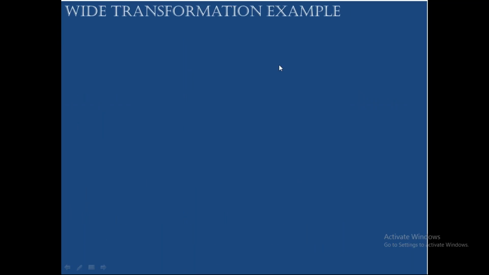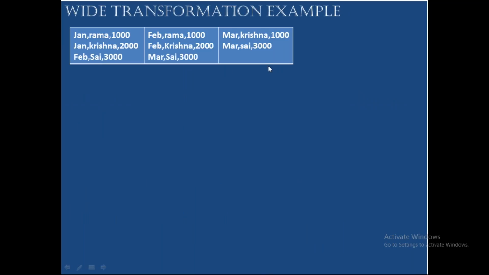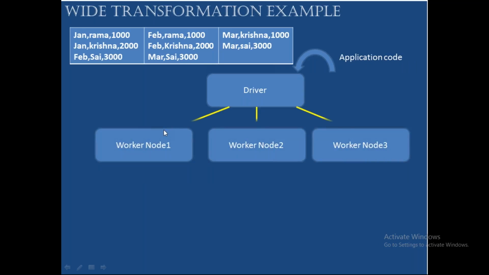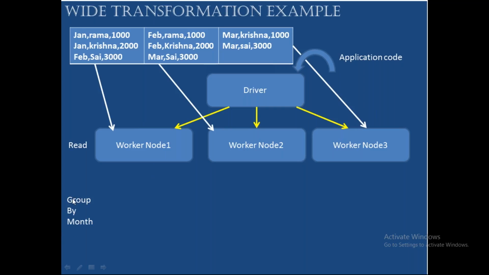Let's talk about a wide transformation example. You see, you have this data now. Driver, you submit the application code, worker nodes, you are giving the instruction to read the data. But this time the transformation I'm going to apply is group by month.